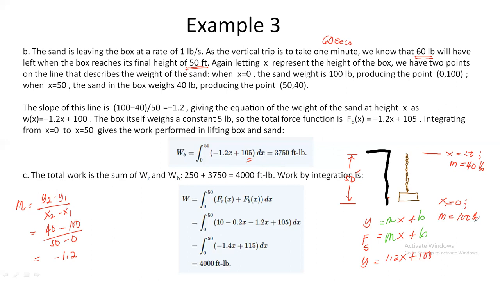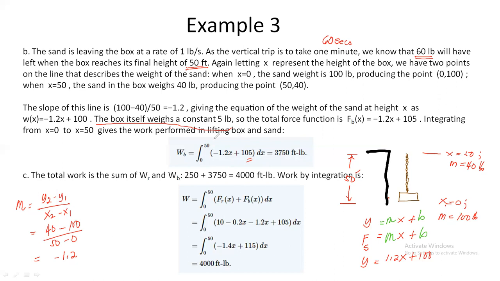It does not consider the weight of the box. You have to consider the weight of the box, which, as mentioned in the problem, is 5 pounds. So you have to add 5 here. That is why your total force in this case is negative 1.2x plus 105. You added the constant weight of the box. The box weight is constant at 5 pounds, so it was added in here.